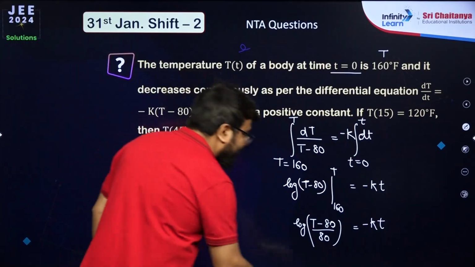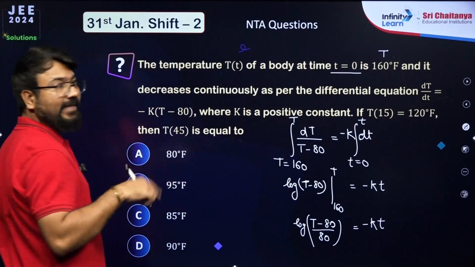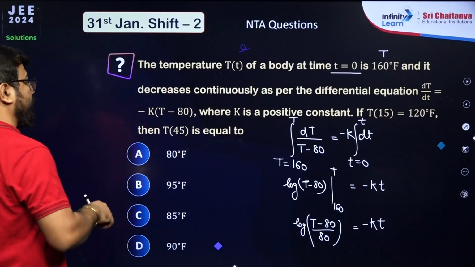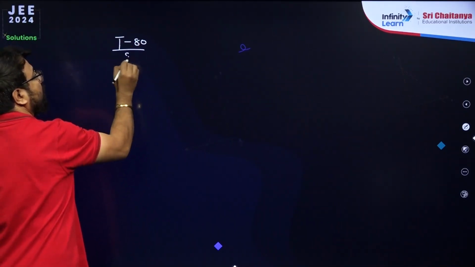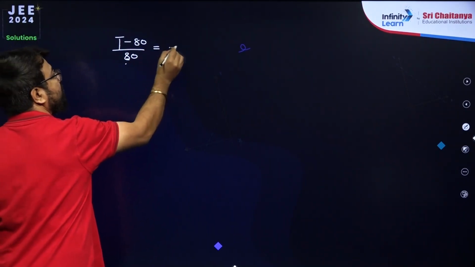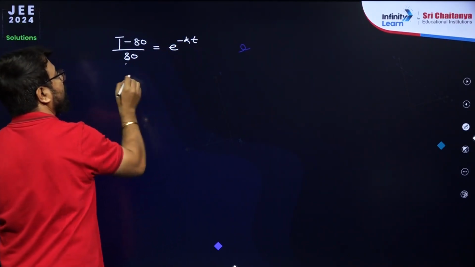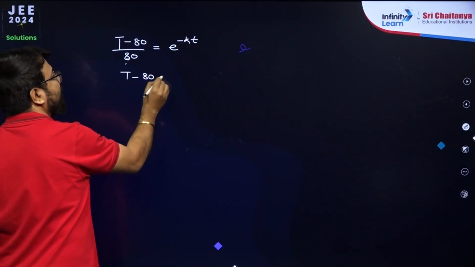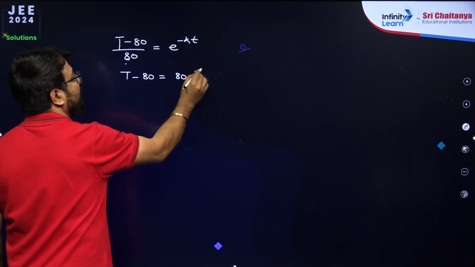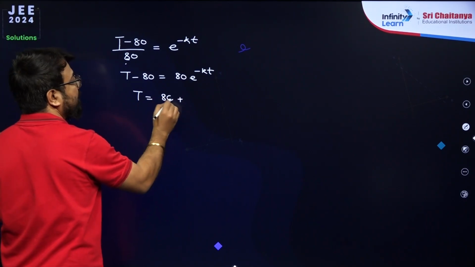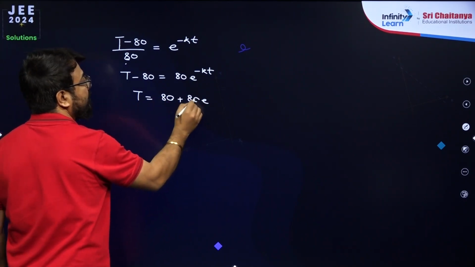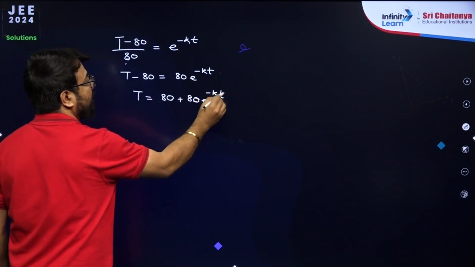Then we can write (T minus 80) upon 80 as e raised to the power minus kt. So T minus 80 will be written as 80 times e raised to the power minus kt. So the value of capital T will be 80 plus 80 times e raised to the power minus kt.